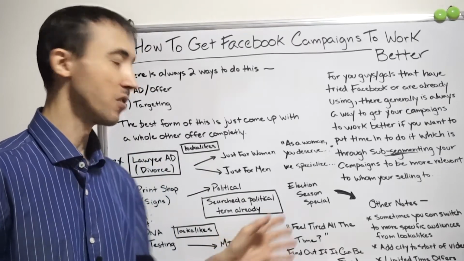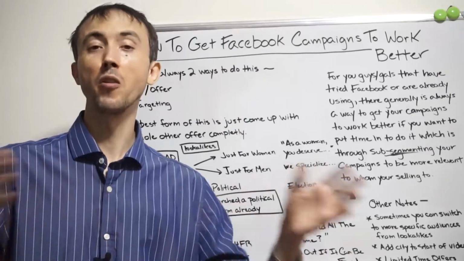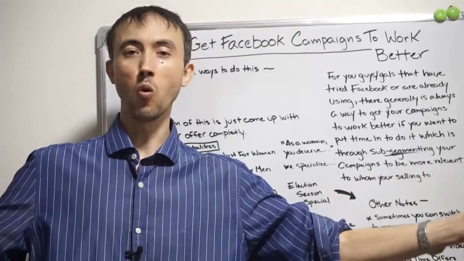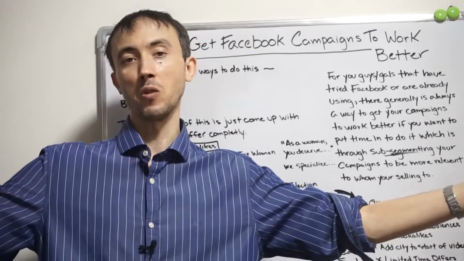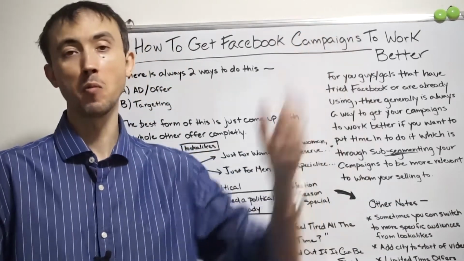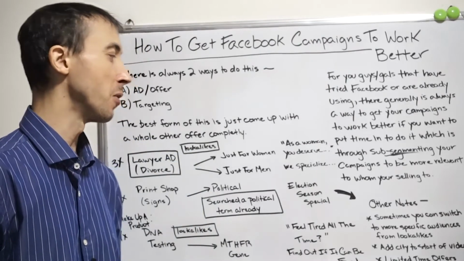But given one audience generally doesn't cover all the customers you want, try creating a bunch of campaigns, each one targeting one different type of audience, and just find out through all those audiences which ones work, which ones don't. And that could be your ticket to success, or just get a little bit more ROI, because you need a little bit more ROI to make everything work, be profitable.